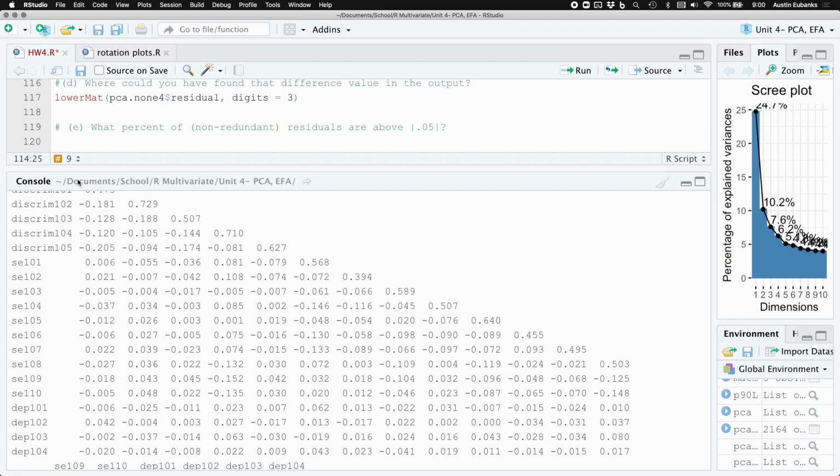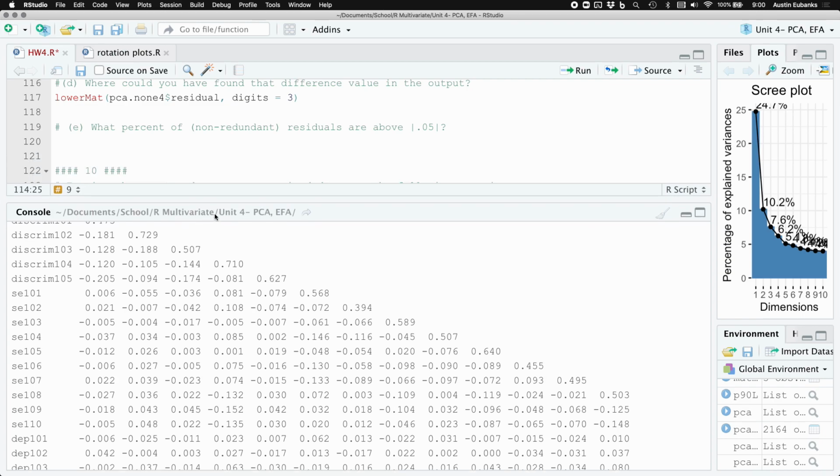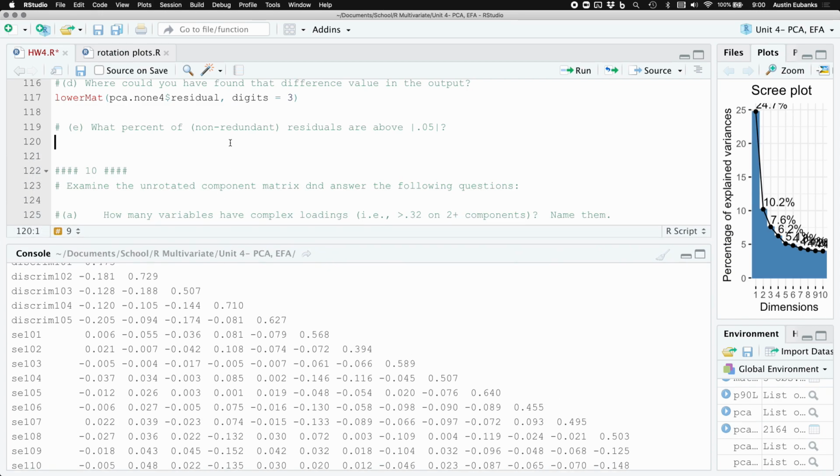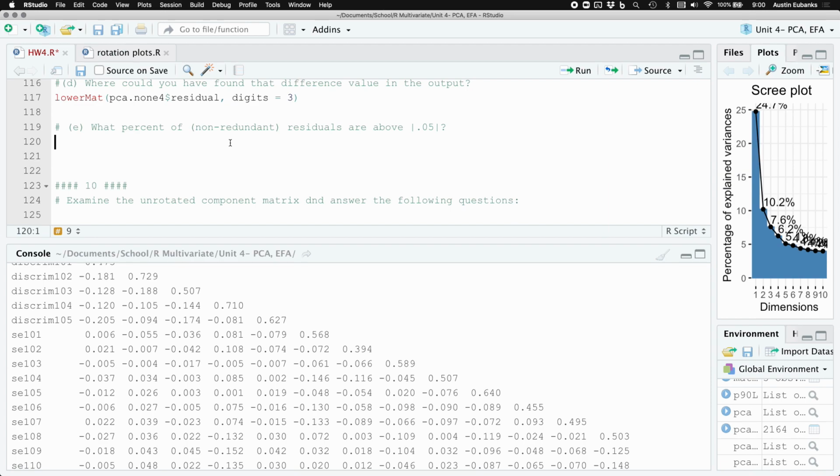If a lot of our residuals, meaning errors that we made in estimating the original correlations, are above 0.05, then it might speak to the fact that we maybe need to extract more components, or that we're not doing a good enough job. We're losing too much information.